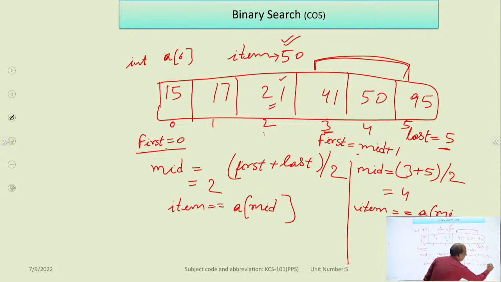We can see clearly that the item we are looking for is 50, and the item at A of 4 is now 50, which means the search is successful now.